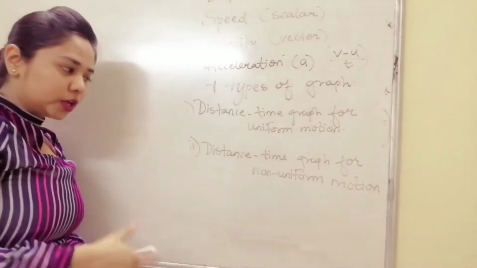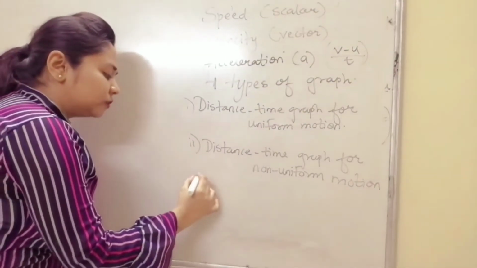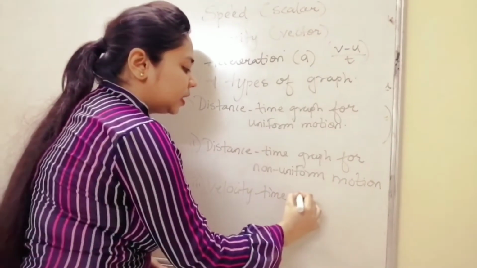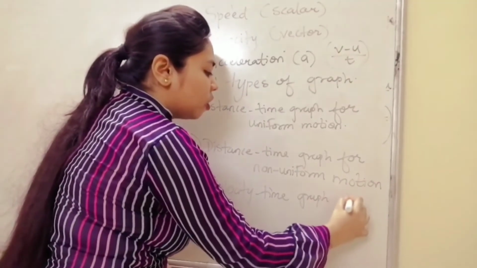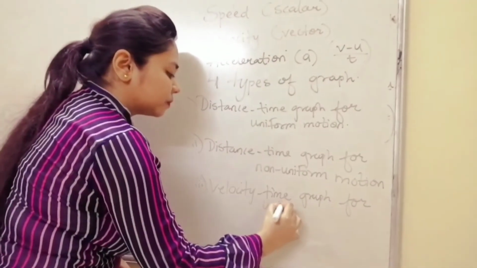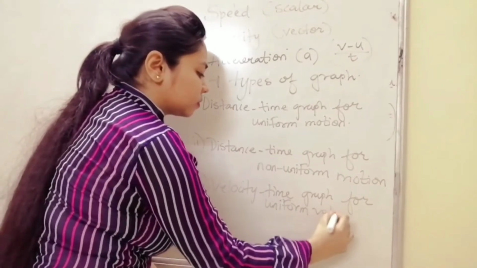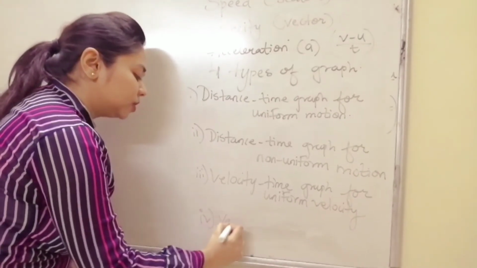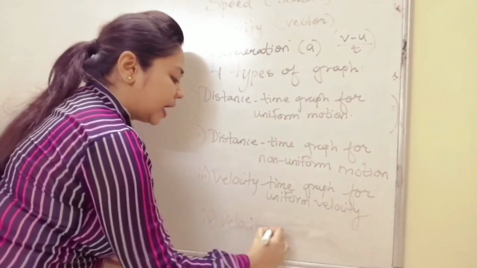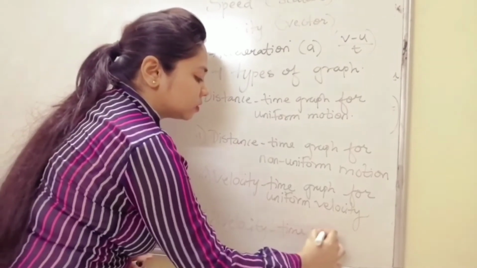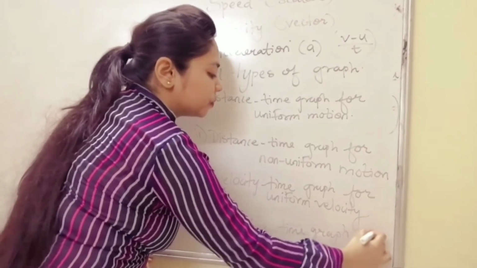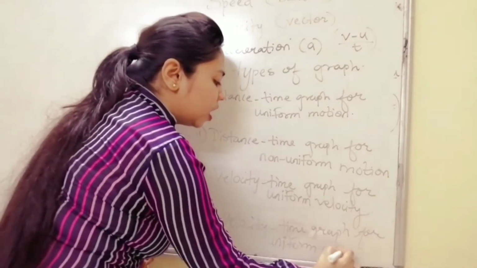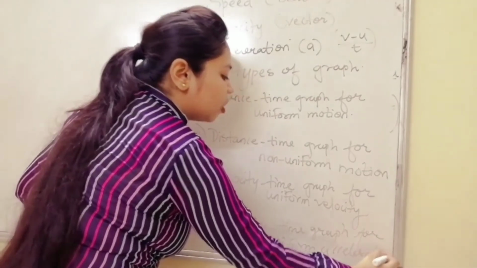The third we studied was the velocity time graph for uniform velocity. And the last one was the velocity time graph for uniform acceleration.